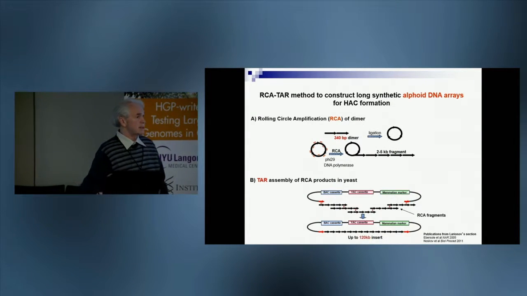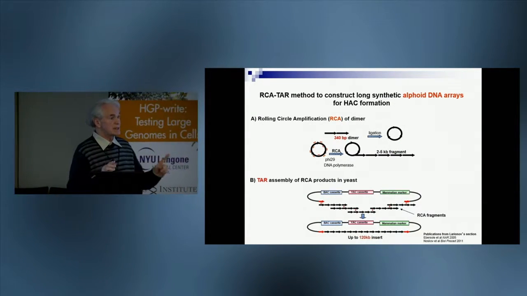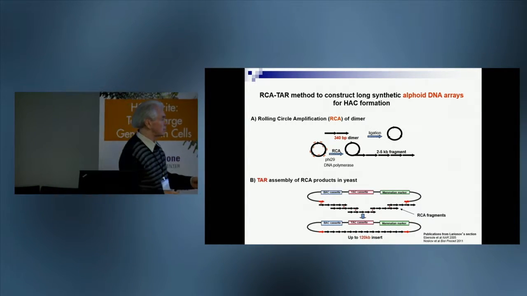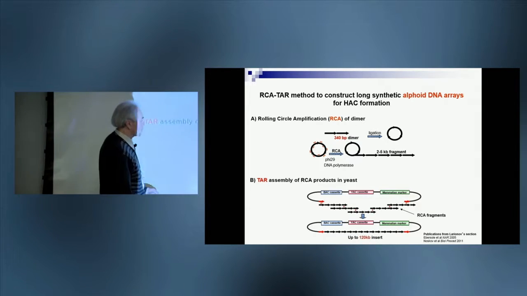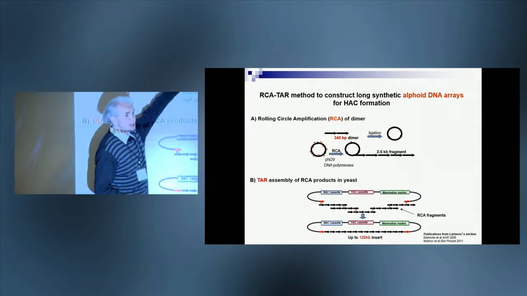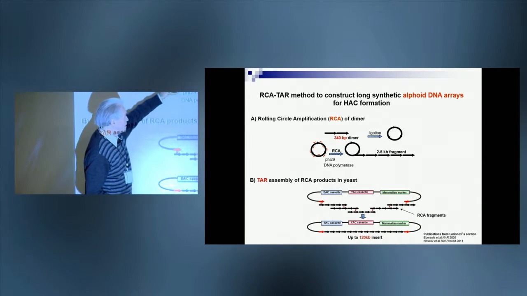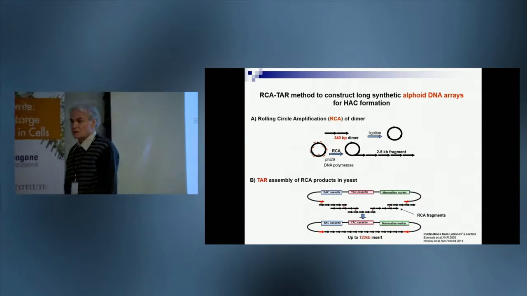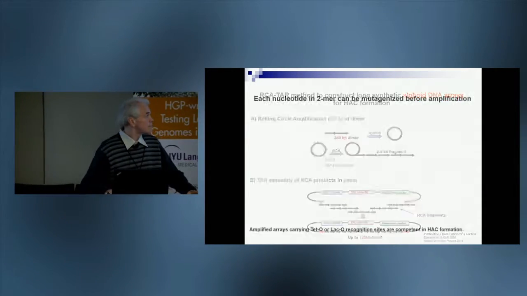We designed, so we start to work with synthetic alpha satellite DNA, and this is a principle how we can assemble large block of alpha satellite DNA for de novo HAC formation from dimer of alpha satellite DNA, 340 kb. Rolling circle amplification and assembling in yeast by in vivo recombination.